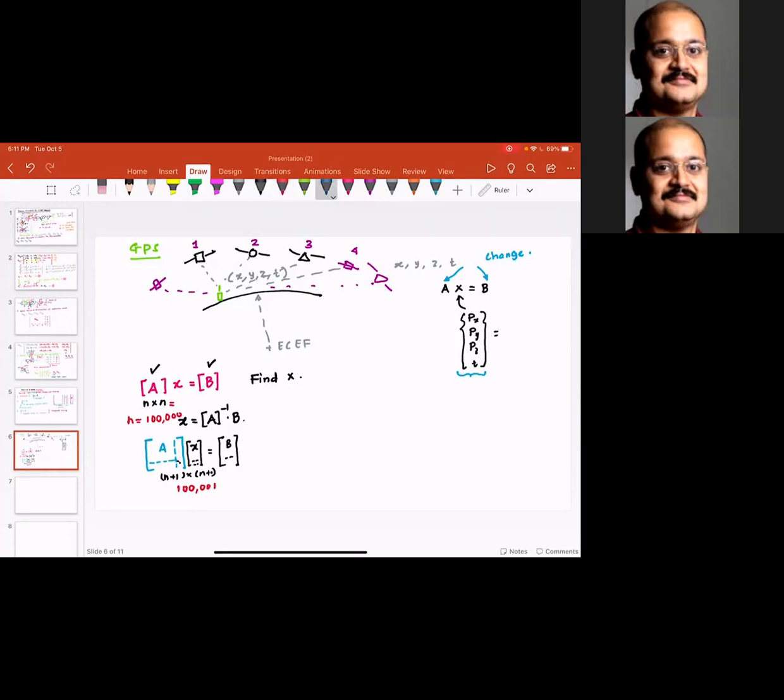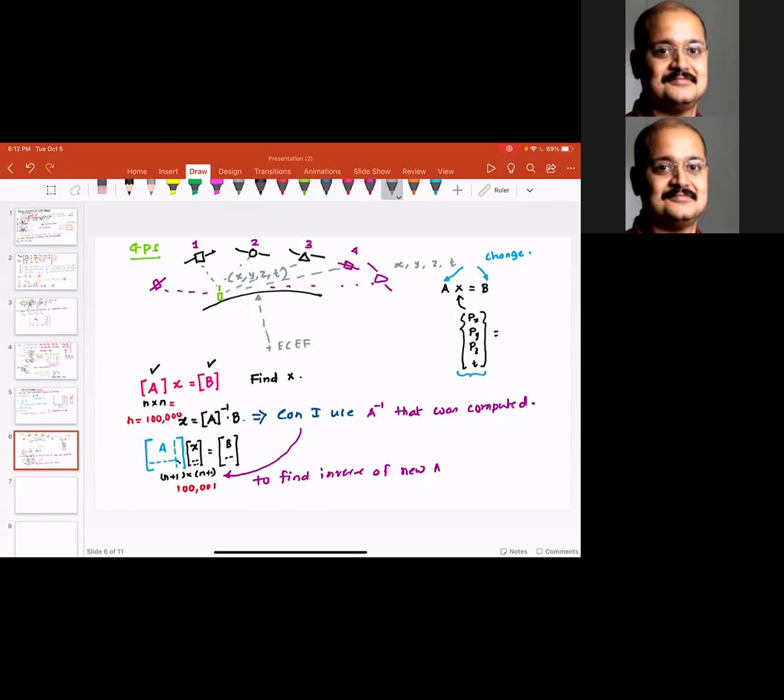Can I use this A inverse that was computed to find the inverse of this new A? So that is the key question.